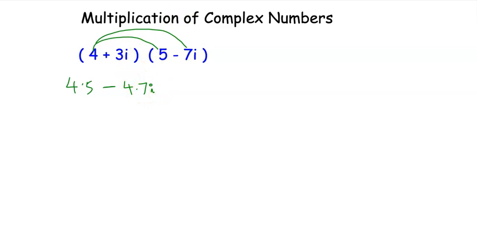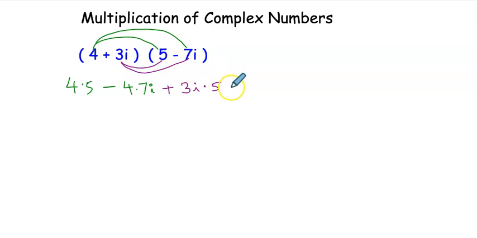Now take this 3i and multiply with this second complex number, 3i times 5. Then 3i times 7i. So plus 3i times 5.